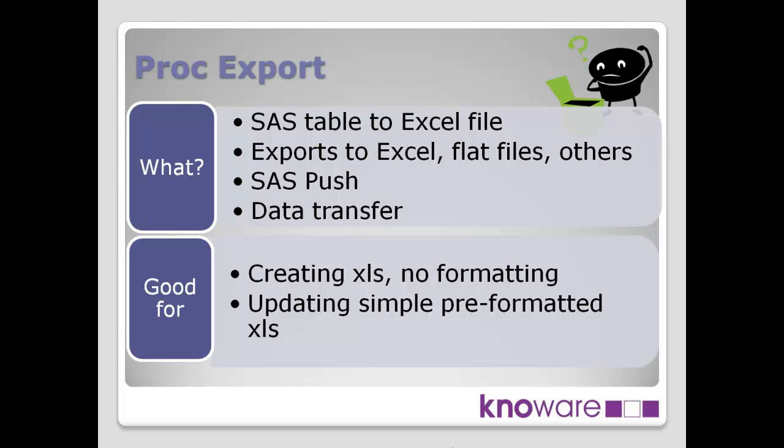What's the advantage of that? You may have a formatted spreadsheet that you have customized. You've got some nice headings on there, some changes of fonts, some graphs perhaps, some other things in there. And it allows that formatting to be kept in place and for you to update that spreadsheet with some updated data.